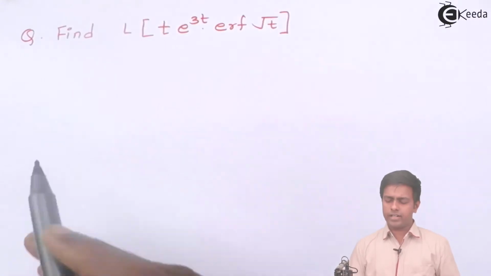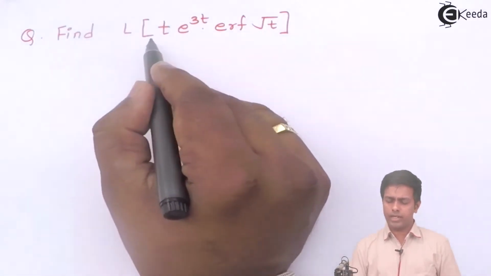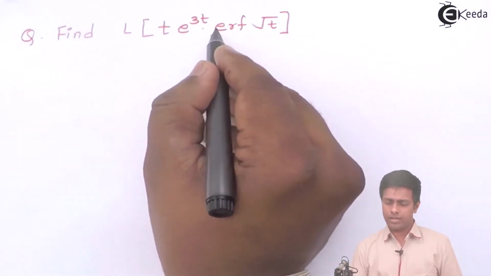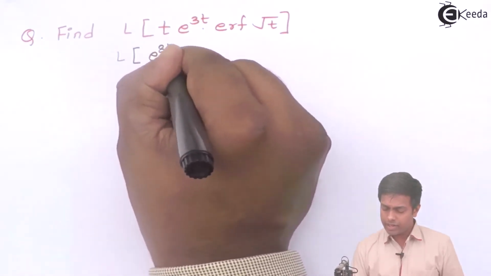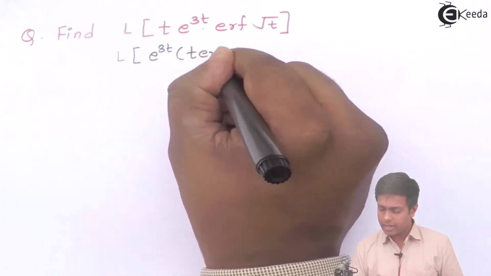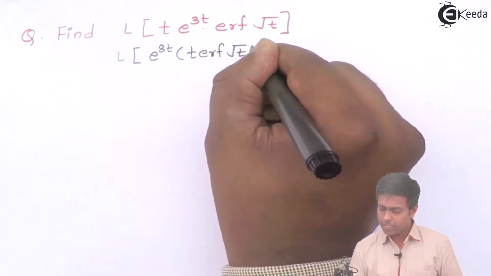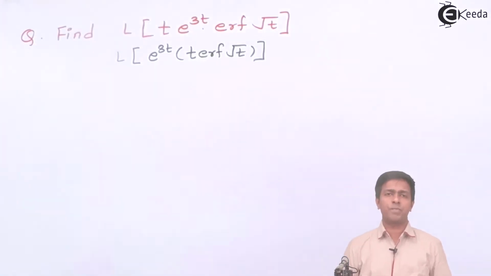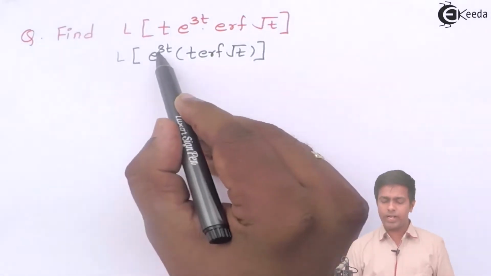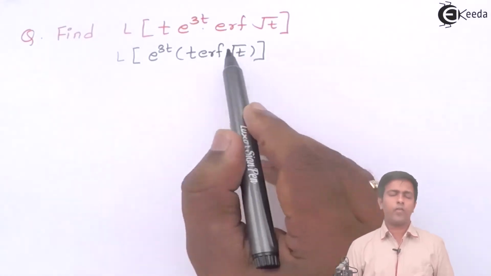But let's say I take this e to the power 3t outside and keep t here, then this becomes Laplace of e to the power 3t into t error function of root t. And guys, this looks like the first shifting property, that is e raised to at into f of t.